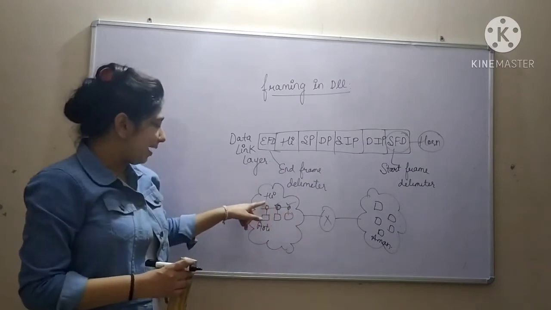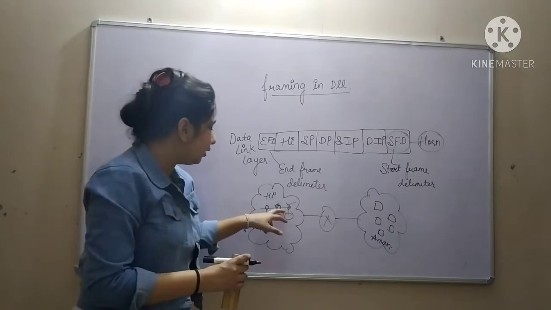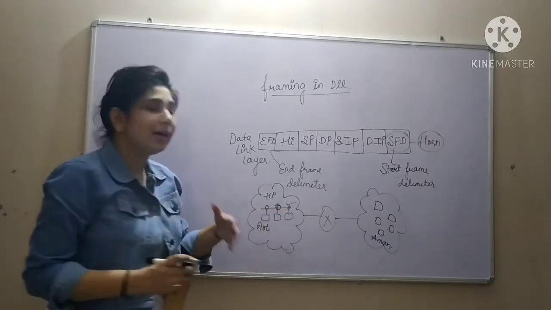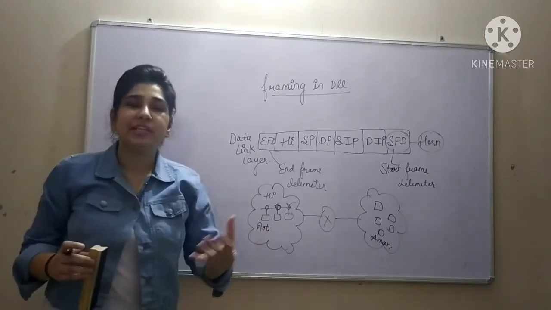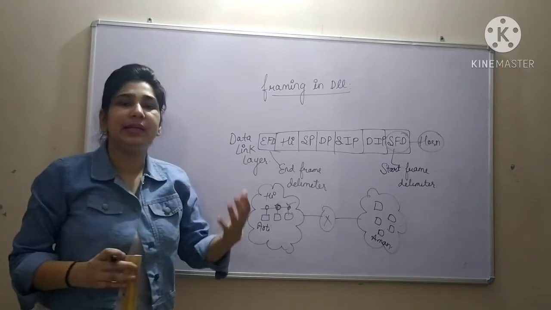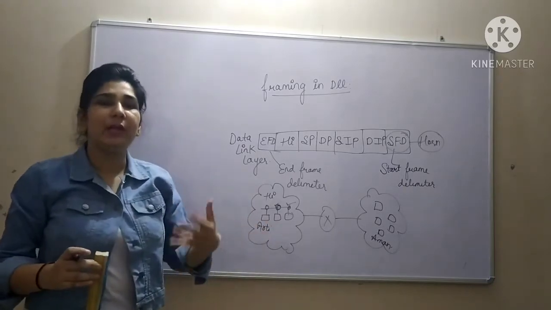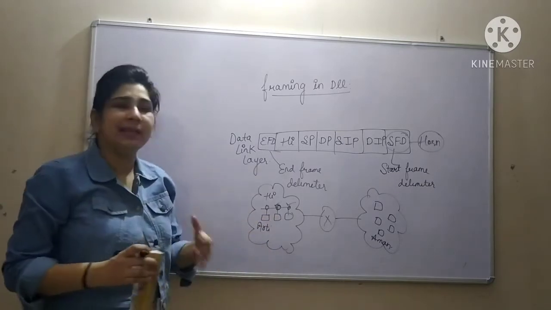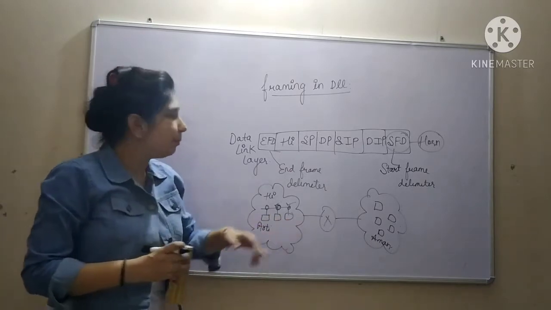When this message comes here, it makes a horn, and all the other machines become active now. Initially they were waiting 24 hours for messages. But now, only when they hear the horn will they become active and then look for the messages.